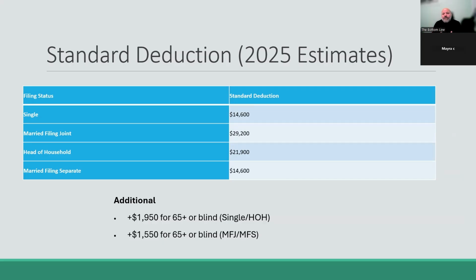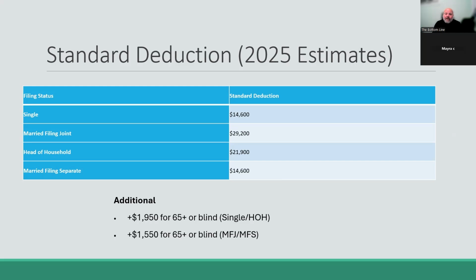The standard deduction if you're single is 14,600. Married filing jointly is 29,200. Head of household, 21,900, and married filing separate, 14,600. So if you have somebody who's a W-2 earner, they rent an apartment, and their employer gives them health insurance, they're going to take a standard deduction of $14,600.